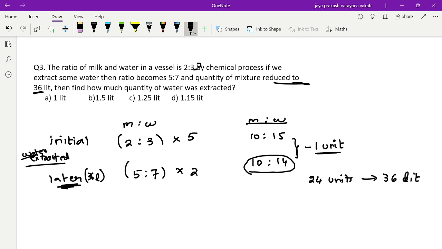Then what do we need? The answer is 1 unit, which is nothing but the water extracted. 36 by 24 gives 1.5 liters. So we can say 1.5 liters of water has been extracted. So this is another set of problems, guys. We'll continue our discussion in the next video.